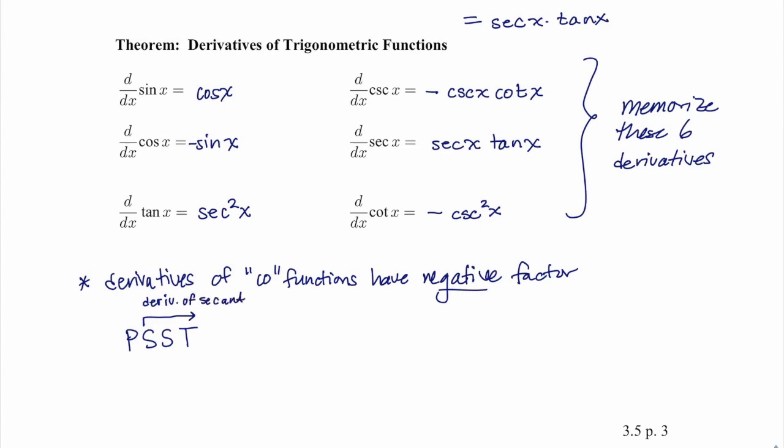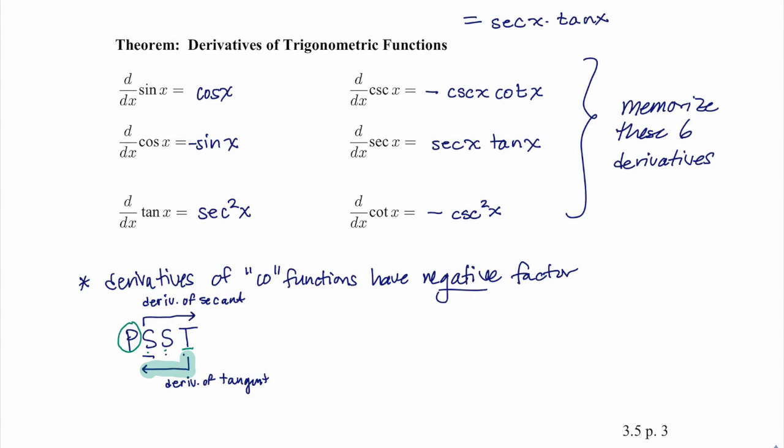Because I say the derivative of secant is secant times tangent. And if I go the other direction, starting at the t, I have the derivative of tangent. So the derivative of tangent is secant times secant, or secant squared. Right? And the p is there to remind you that those are positive.